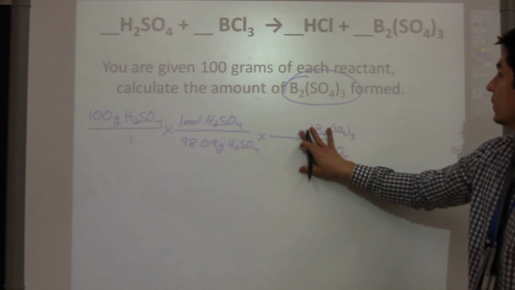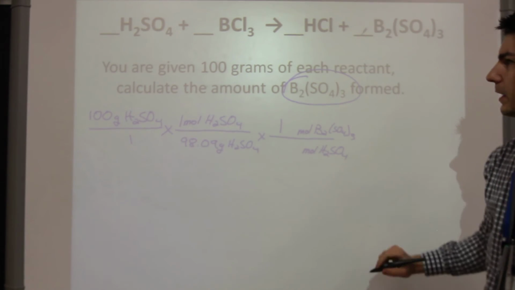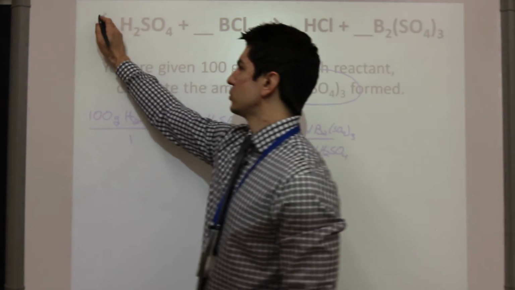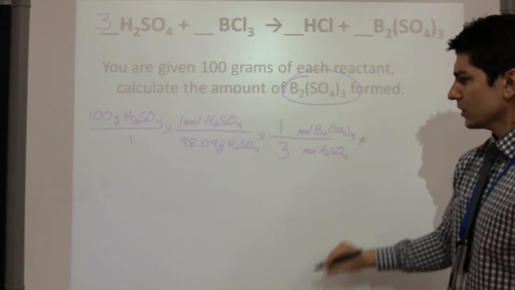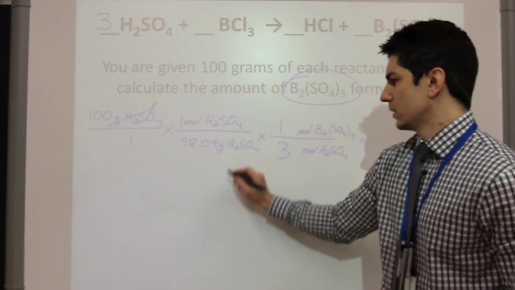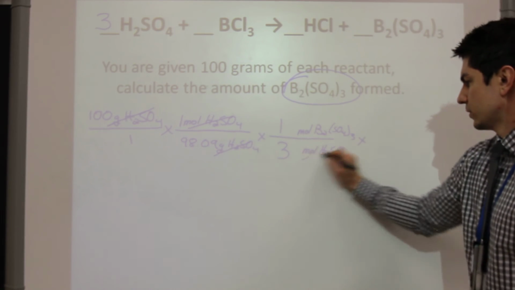Okay, so we are going to have a 1 in front of here, because we had a 1 here, nothing there. And then in front of our H2SO4 we had a 3, so that's going to go down there. So right now we got rid of grams of H2SO4, that's gone. We now got rid of moles of H2SO4.